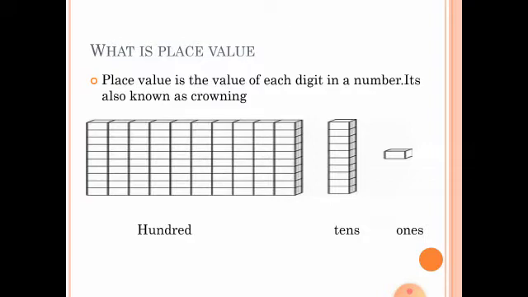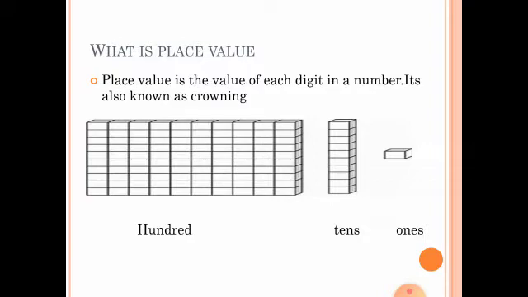There are 10 blocks in one vertical line. So we will multiply, we will see that 10 tens are 100. From this we can get that 10 tens will make 100.